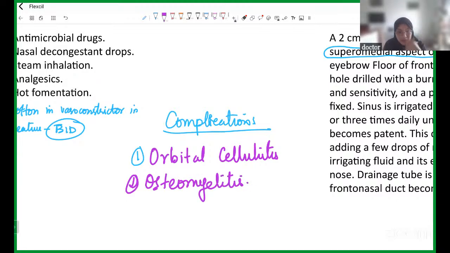Understand it is not osteomyelitis of the whole entire body. It is osteomyelitis of the frontal bone. It can also lead to meningitis. If the infection breaks through the posterior wall of the sinus, it can lead to meningitis or extradural abscesses. Okay?